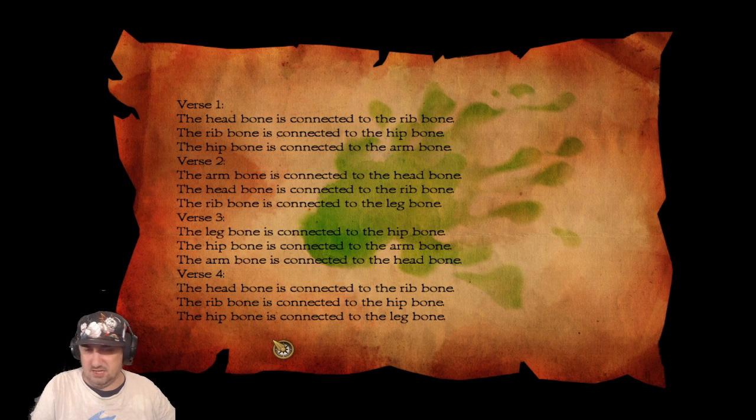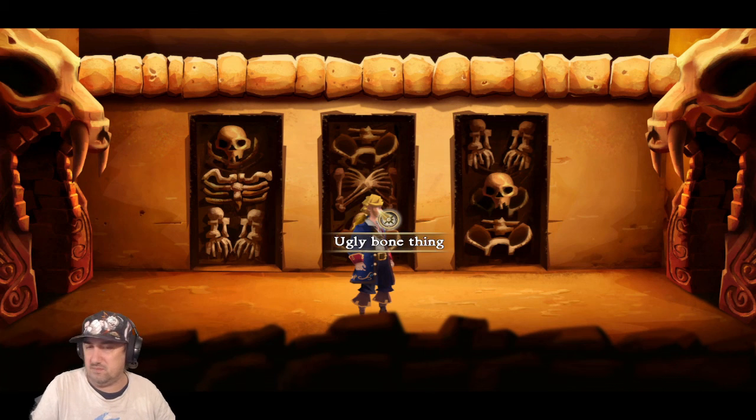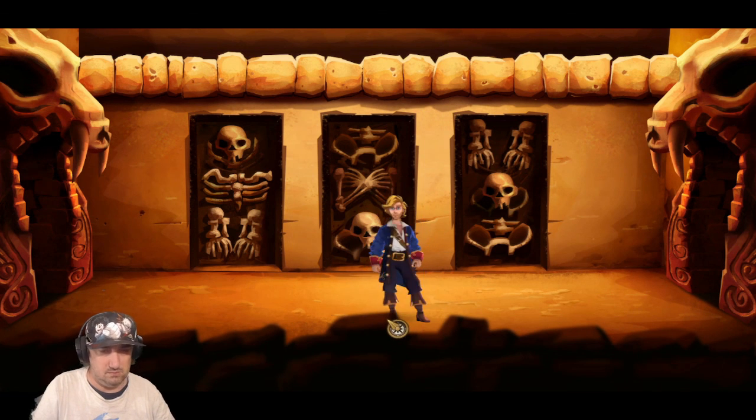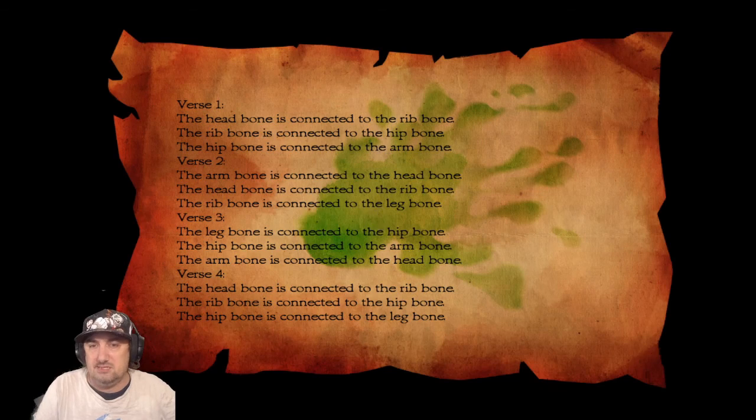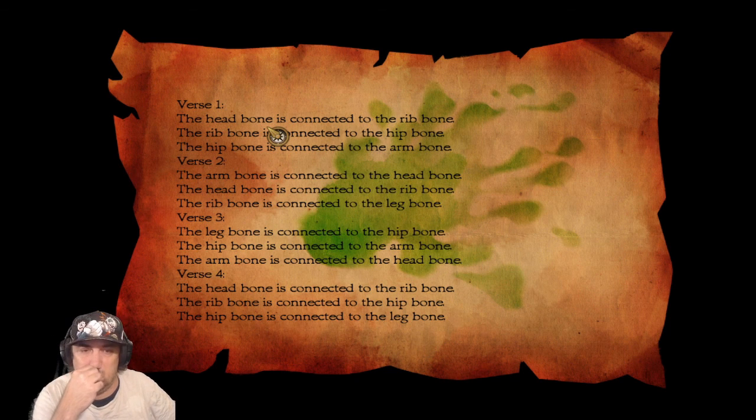Okay, so hip connects to the legs, rib connects to the hips, head connects to the ribs. Head to rib, rib to hip, no. Oh yeah.